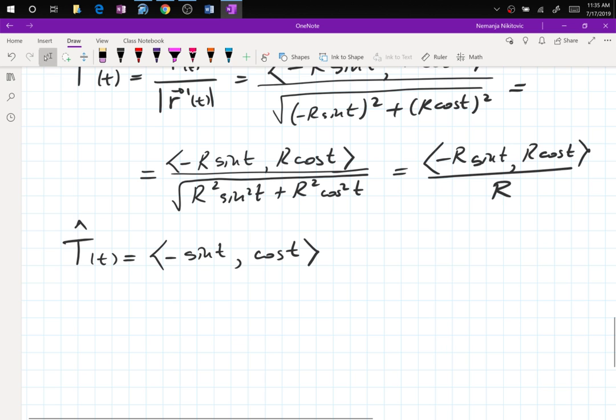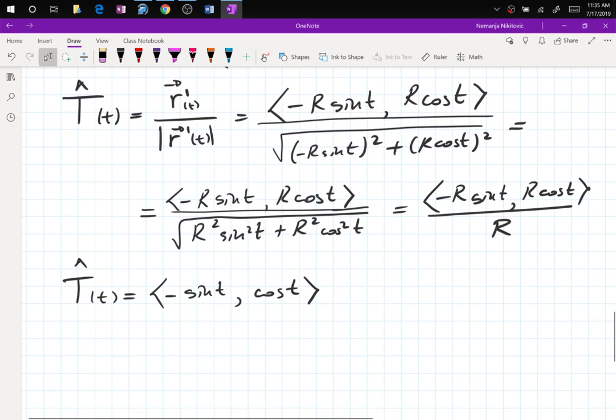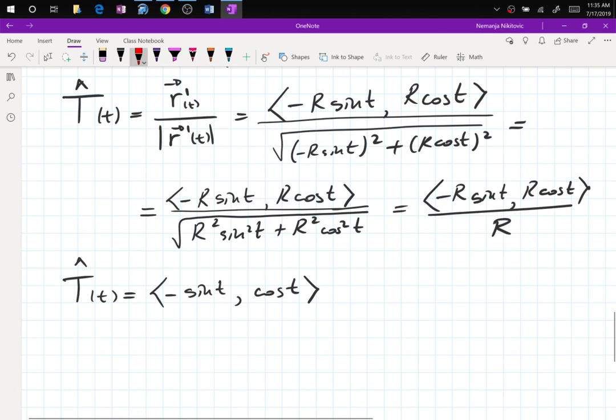And this calculation here, going from here to there, is going to be repeated because your curvature formula is also divided by the magnitude of r prime.